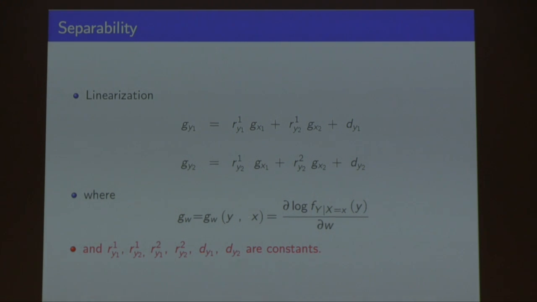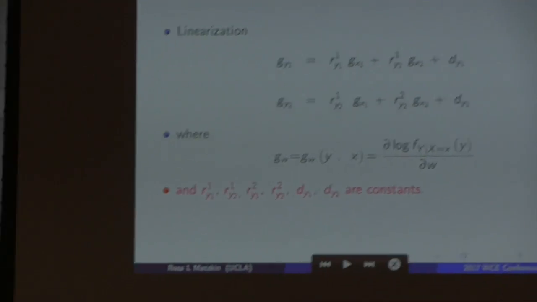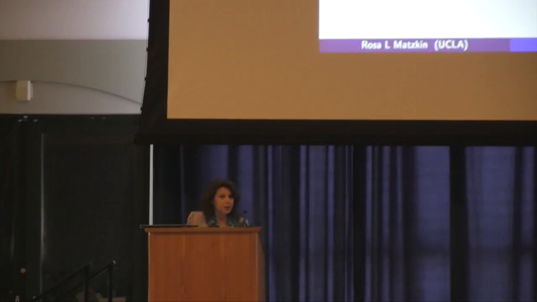Here the GX1, GX2, GY1, GY2 are observed. Under this particular separability, the R1Y1, R2Y1, R1Y2, and R2Y2 are fixed, like coefficients. So rather than having this nonlinear system, we transform it into one that is linear with constant coefficients. The coefficients are constant for a particular value of y, and the rest are variables, but rather than putting x, we put this transformation of the density.